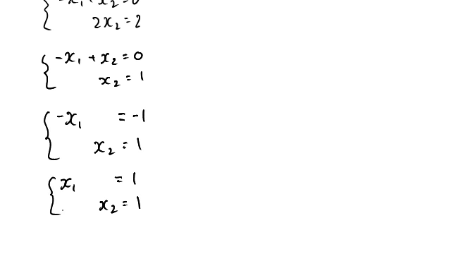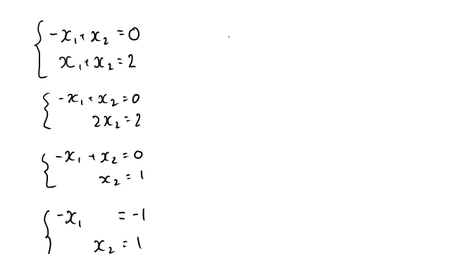Now, I can save a lot of typing by doing the following. I begin by writing down the coefficient matrix. That's minus 1, 1, 1, 1. To the right of the coefficient matrix, I put the b vector, the vector of constants for the right-hand side of the equation. So that would be 0, 2.